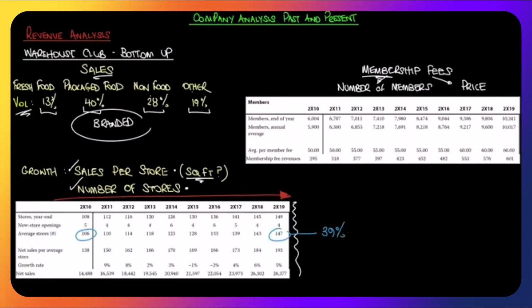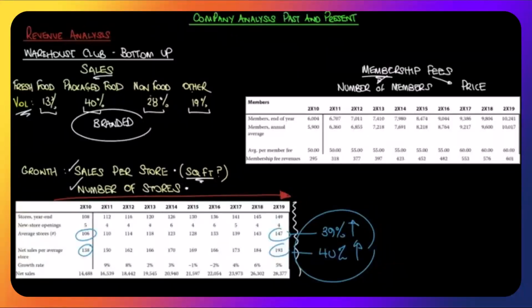Increase of 39%. So certainly that driver will be increasing revenues. Net sales per store, 138 up to 193. Increase of 40%. So both of these drivers are carrying their weight. Increase of roughly 40% in each one.